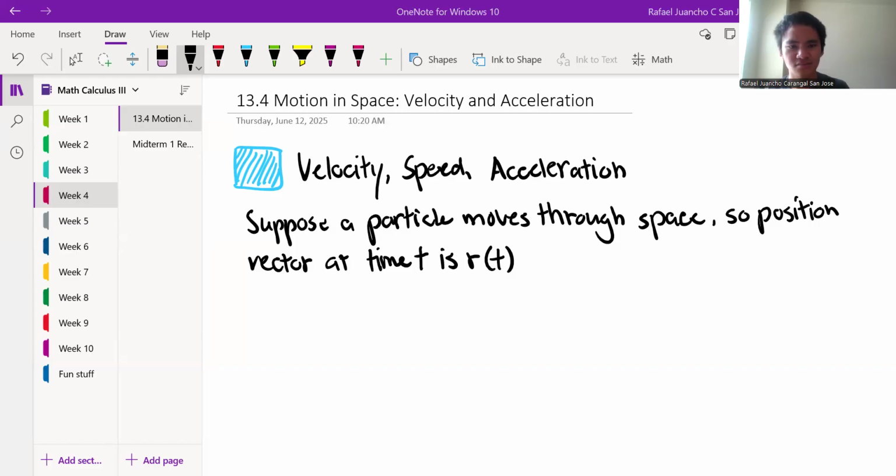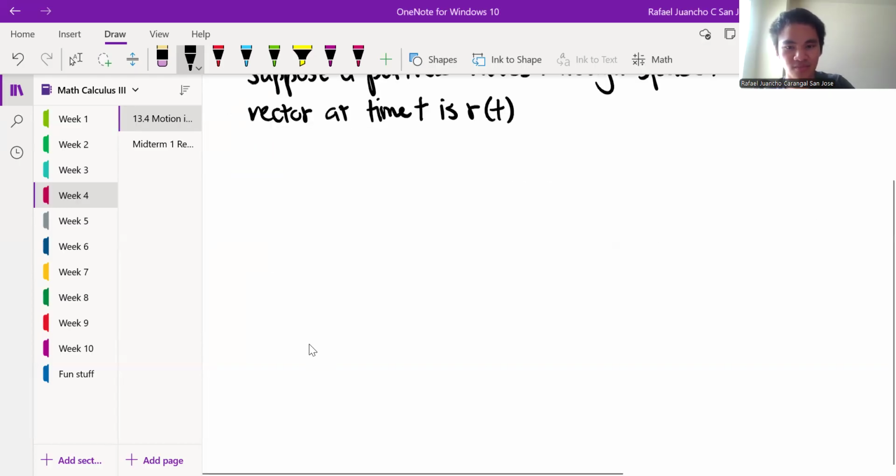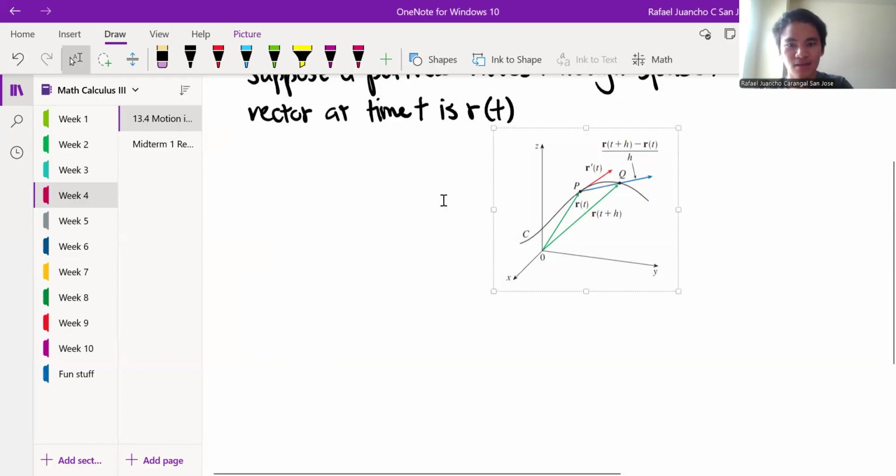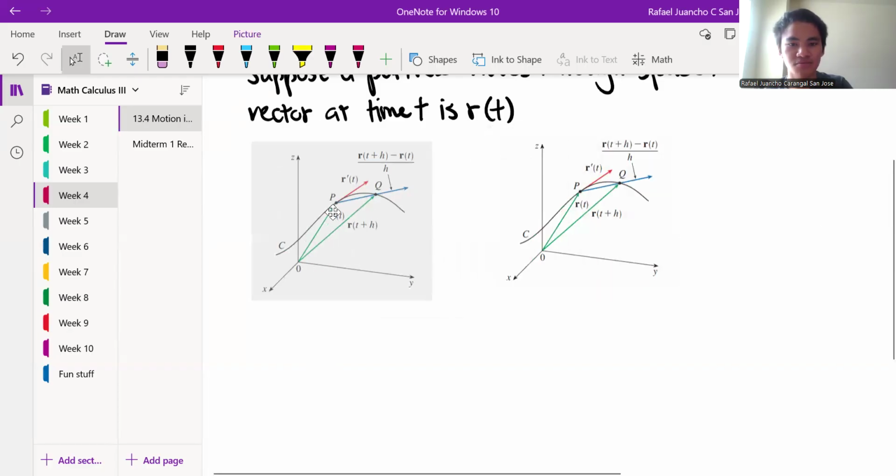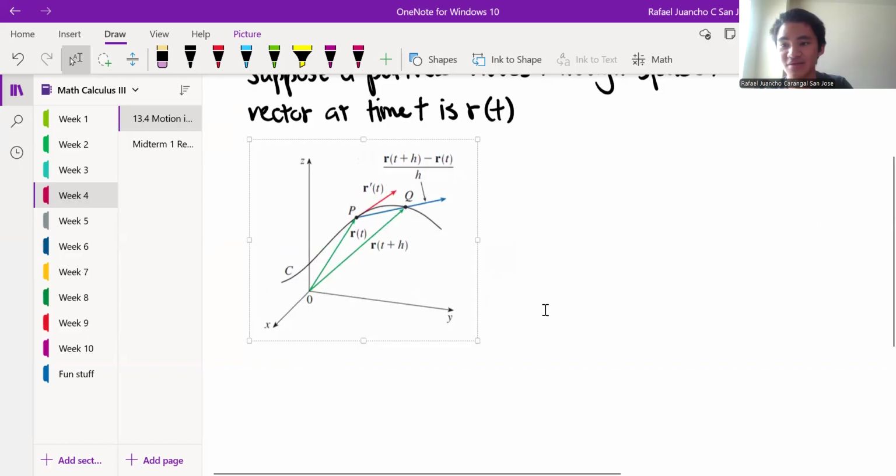Okay. And then I'm going to show a visual here real quick. So that's the initial scenario. So here's our guided figure. Here we notice, okay, this is our space curve.